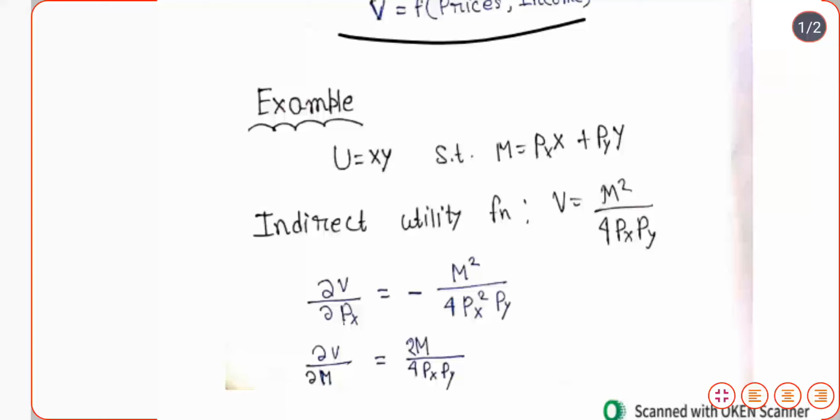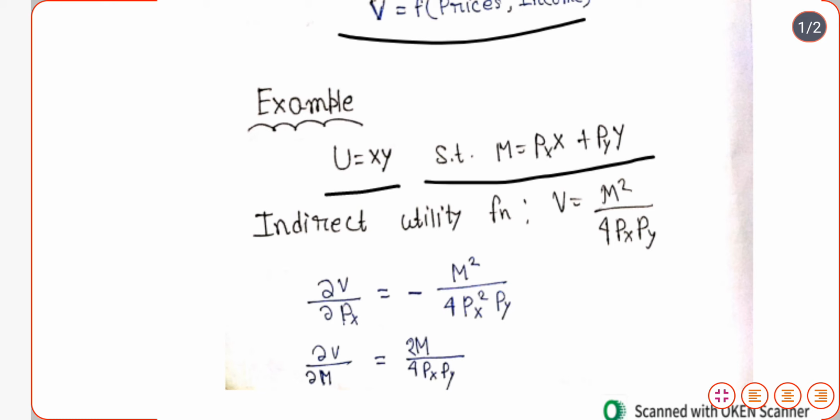Now, what is the example? The utility is a function of x and y. I have taken utility equals x into y, subject to m equals px into x plus py into y.